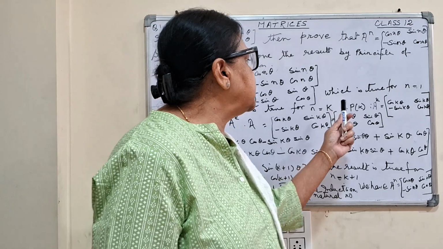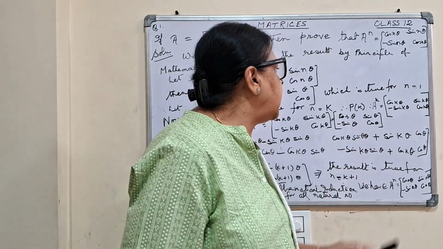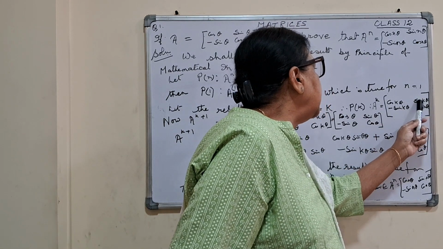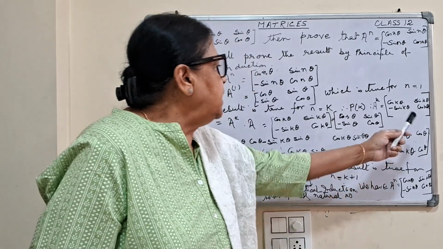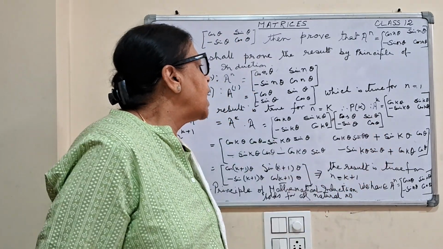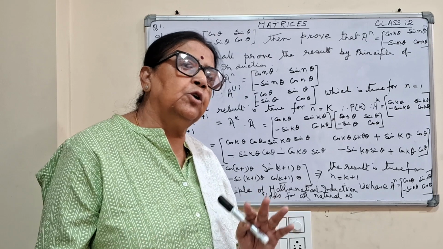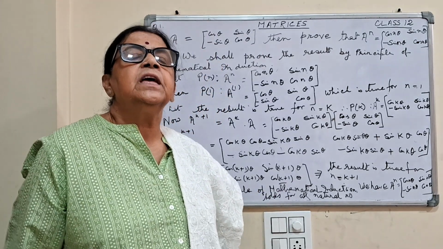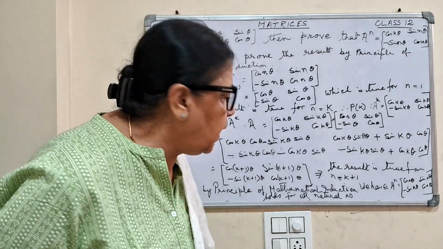Then Pk is such that A raised to the power k will be [cos k theta, sin k theta; minus sin k theta, cos k theta]. We have assumed that it is true for n is equal to k. Then we have to prove that it is true for n is equal to k plus 1.